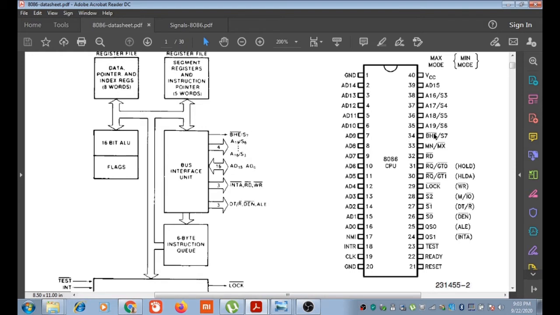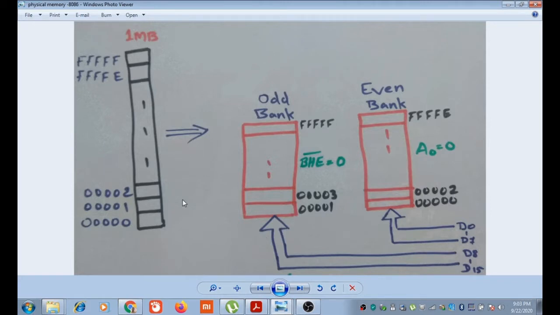To understand the function of BHE bar, we should know the arrangement of physical memory in 8086. You know 8086 has 20 address lines, so the maximum memory is 1 MB. This 1 MB memory is arranged as two banks, even bank and odd bank, or lower bank and upper bank.